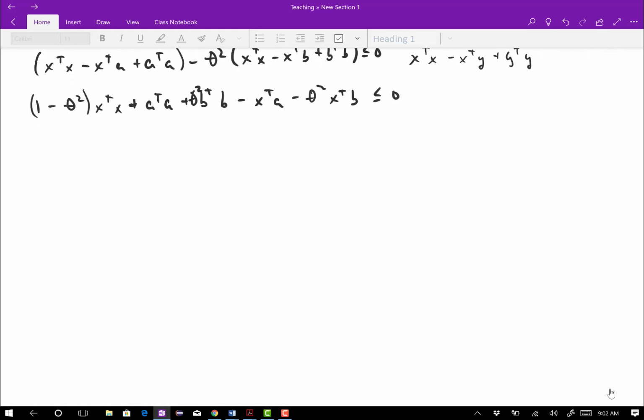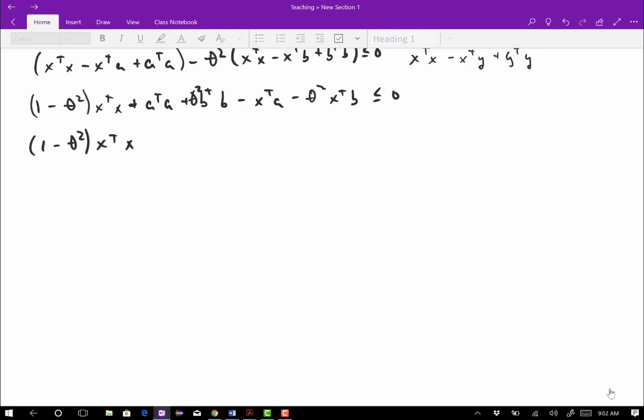And now I'm just going to do one more manipulation. So I'm going to leave this 1 minus theta squared x transpose x for the first term. And I'm going to leave that term alone.